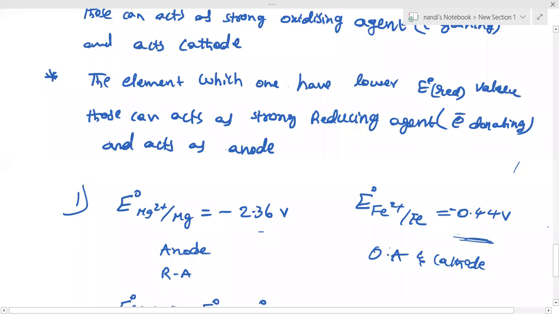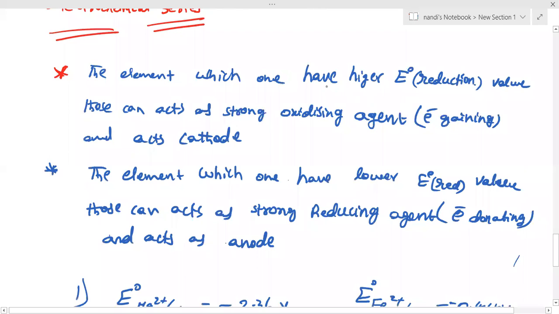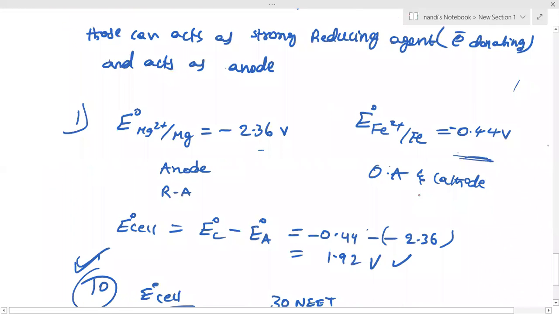First point you can see: higher E0 value can act as cathode and oxidizing agent. Which is the higher E0 value? Iron. It acts as oxidizing agent and cathode. Similarly, opposite, which is the lower E0 value? Anode and reducing agent.